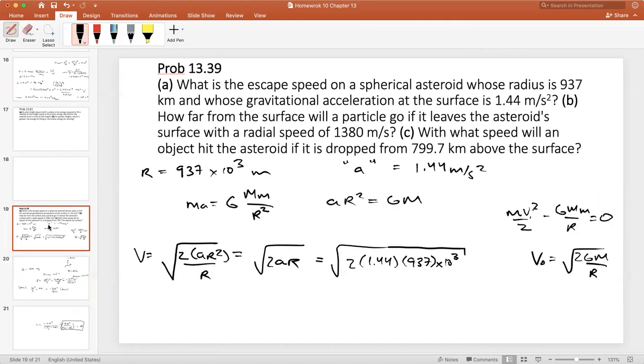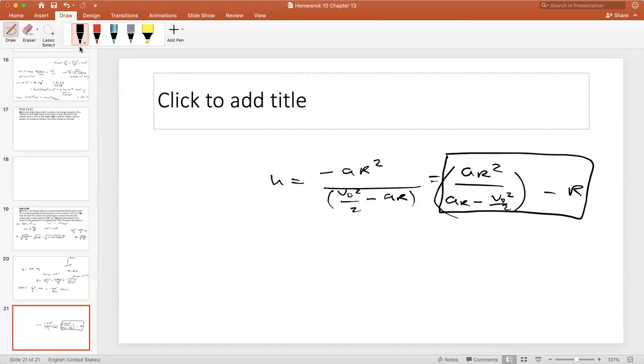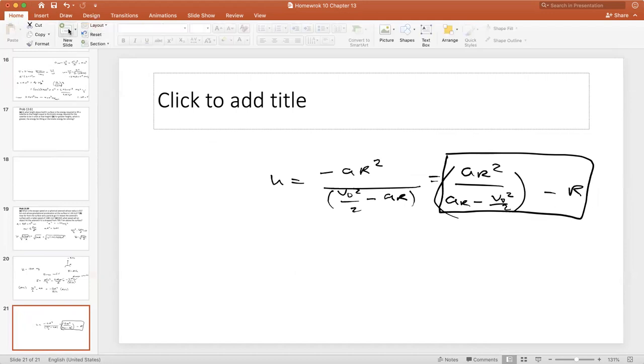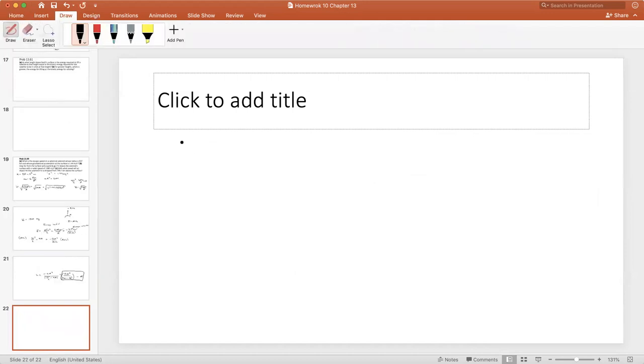All right. So the last thing is, with what speed will the object hit the asteroid if it's dropped from 799.7 kilometers above the surface? And here I'm going to do a new slide. So at 799.7 kilometers, we want to know what speed it will hit the surface at.